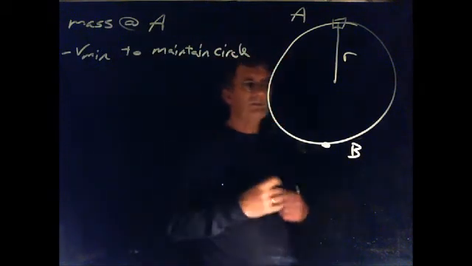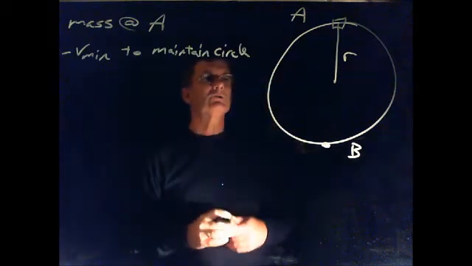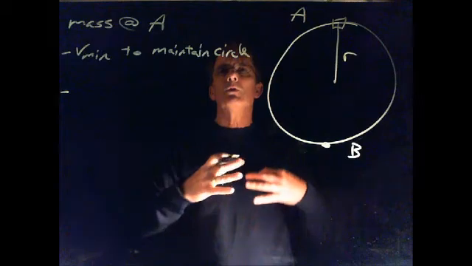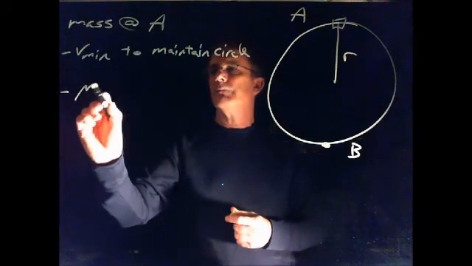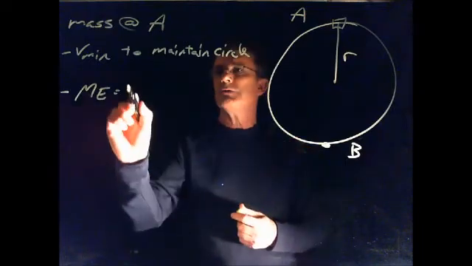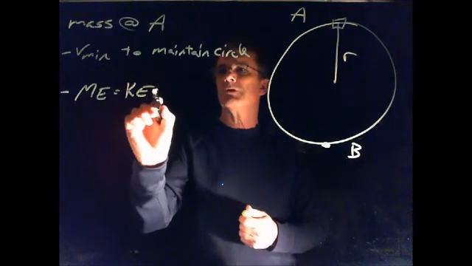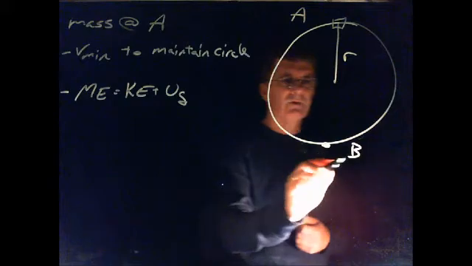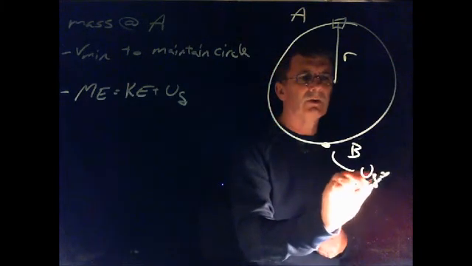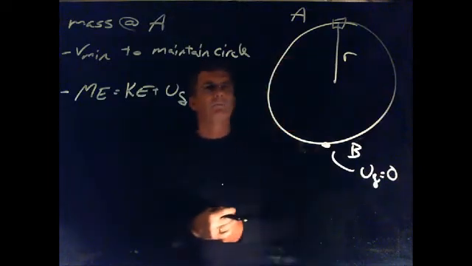In these types of cases, if it's an energy type issue, we might know the total mechanical energy. And if we know the total mechanical energy, kinetic plus gravitational potential, we define our gravitational potential at the bottom as 0.